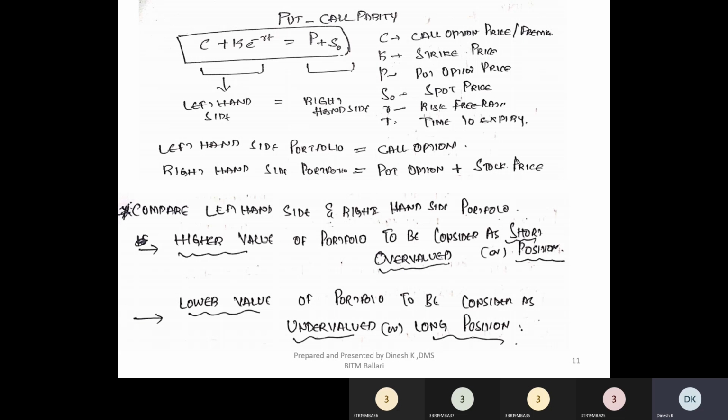Then you need to take a short on equity, right? If you take short on equity, will you receive the cash flow or you need to pay and buy the asset there? Short on equity. If you take short sale on equity, what exactly happens in the short sale on equity?